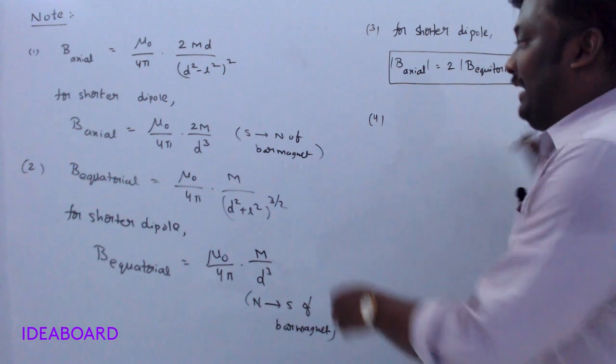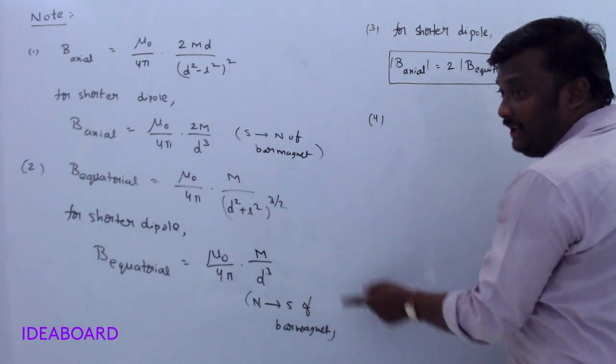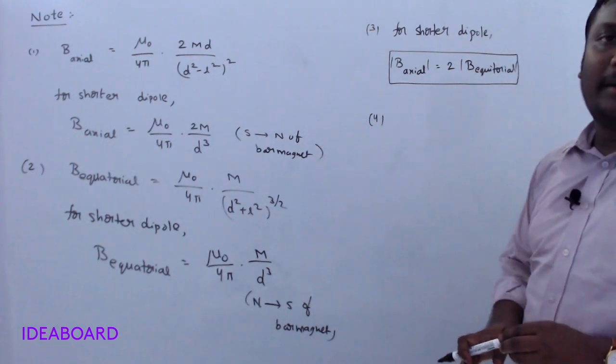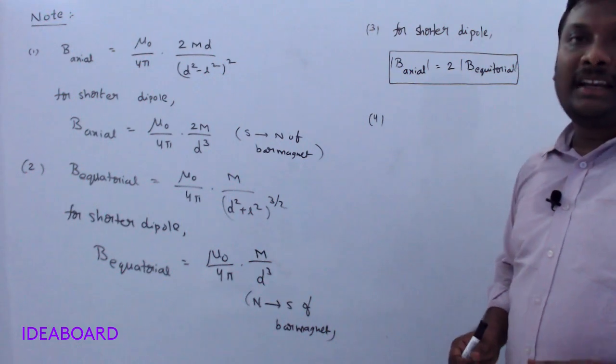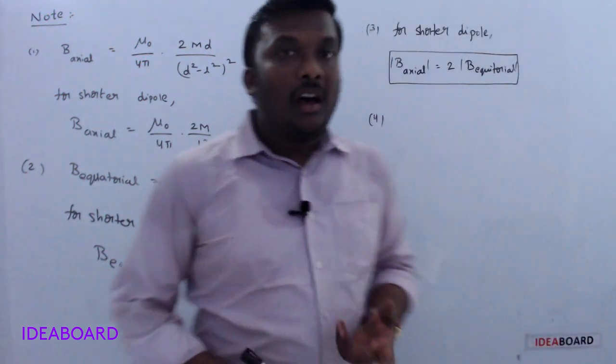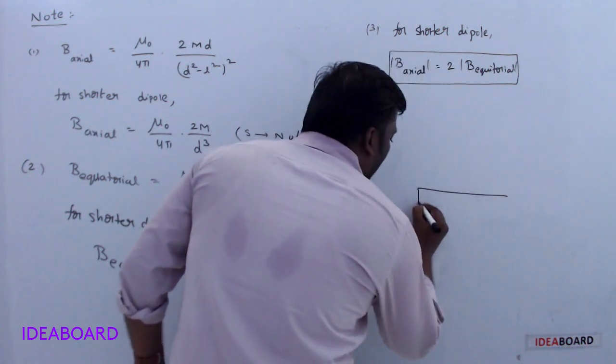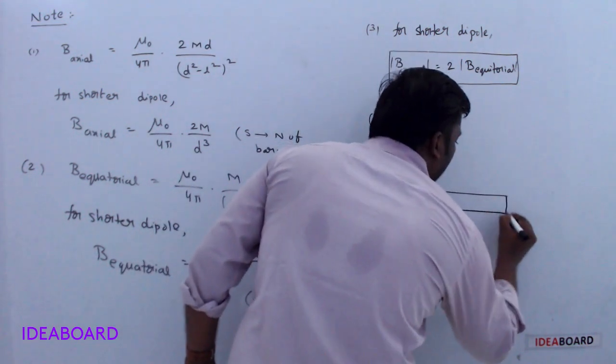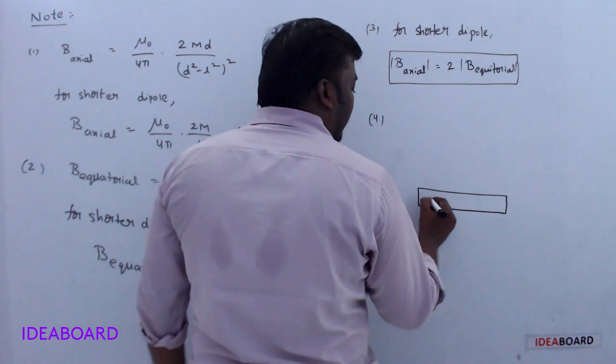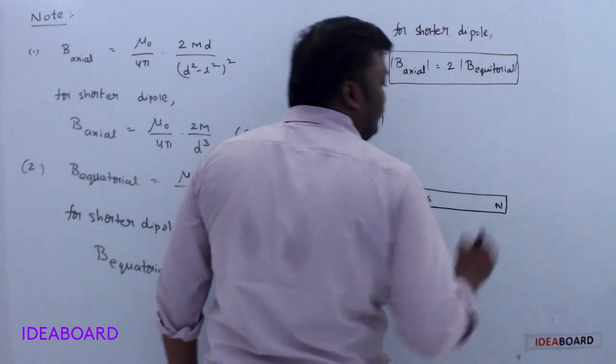And the directions are different, as we said. This is also explained by the magnetic field line concept. How? Let us see. It is a bar magnet, let it have a south pole and north pole.